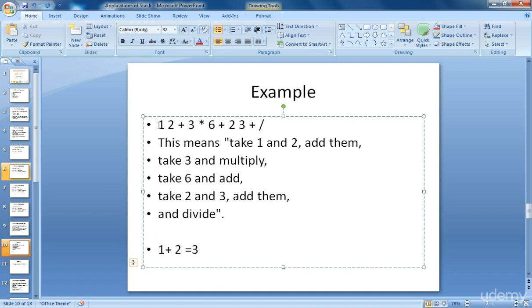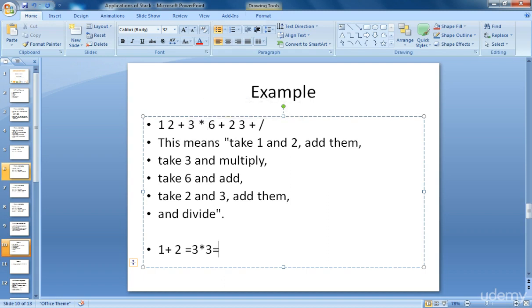Because we always start evaluating the expression from the left-hand side, 1 2 plus means 1 plus 2, that is 3. Now the result of these three characters will be multiplied by this 3, because we have the multiplication sign and we have 3 also.